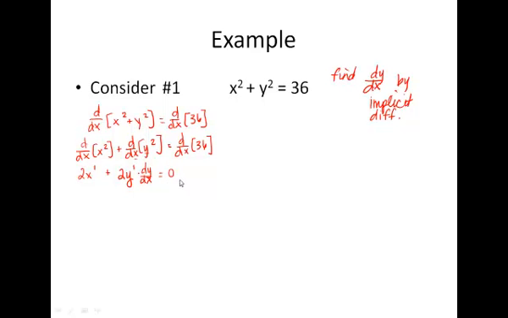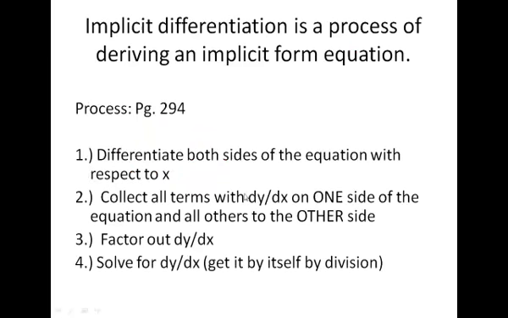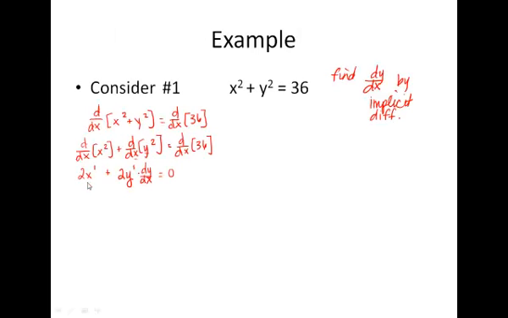The next step that you're going to be using is collect all terms with dy dx on one side and all of the other ones on the other. So I'm going to subtract 2x from both sides, minus 2x. What we're going to get is 2y times dy dx equals negative 2x. And then finally I'm going to solve for my dy dx.